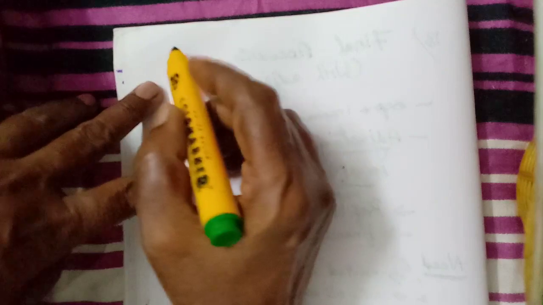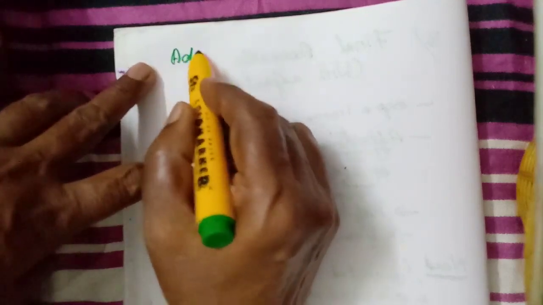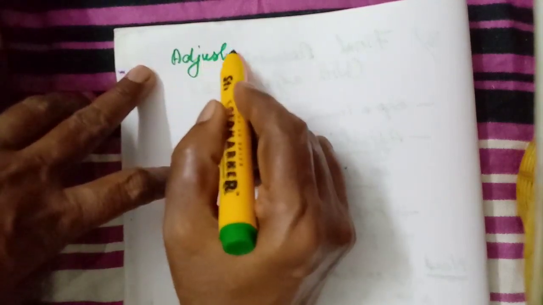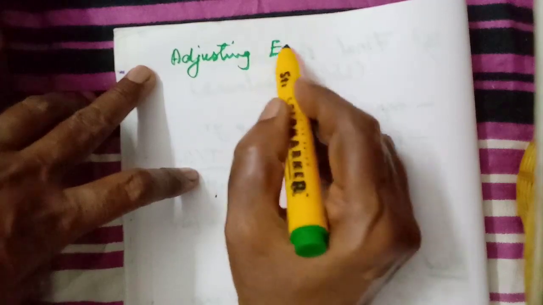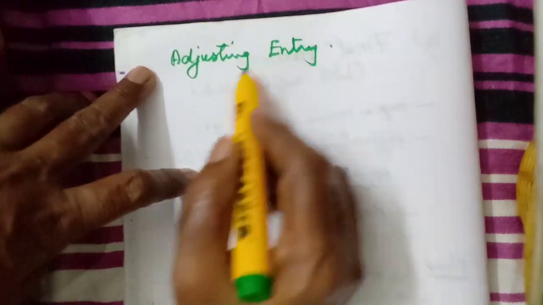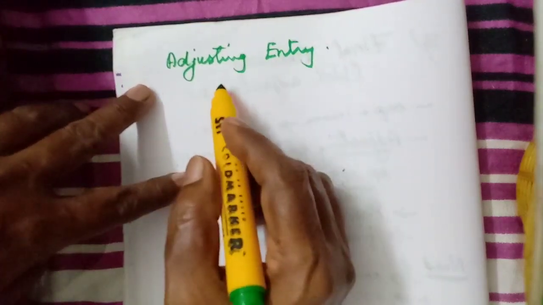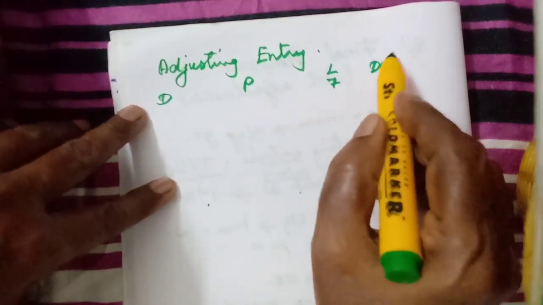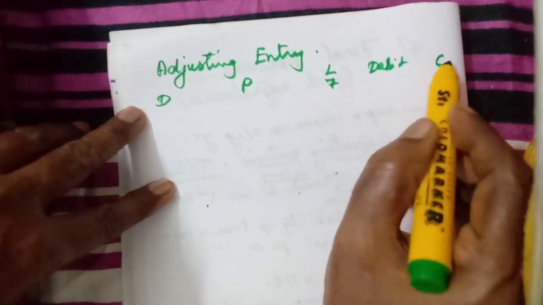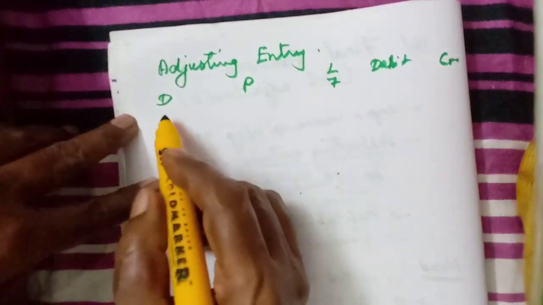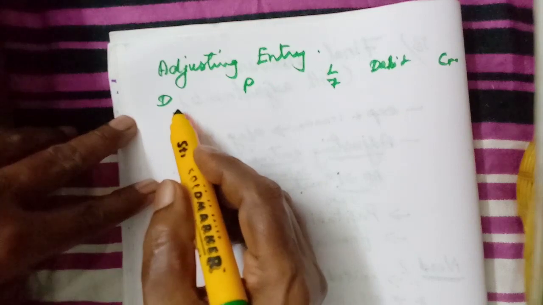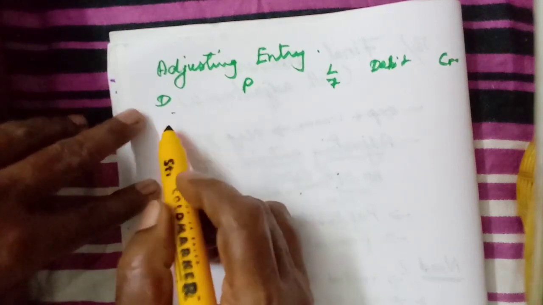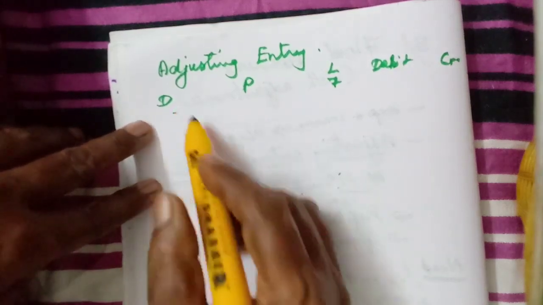Now we will learn the adjusting entries. To prepare an entry, you know how many columns will be there, isn't it? 5 columns: date, particulars, LF, debit, credit. Then the adjusting entry. Here for closing stock, the date column we will leave simply.